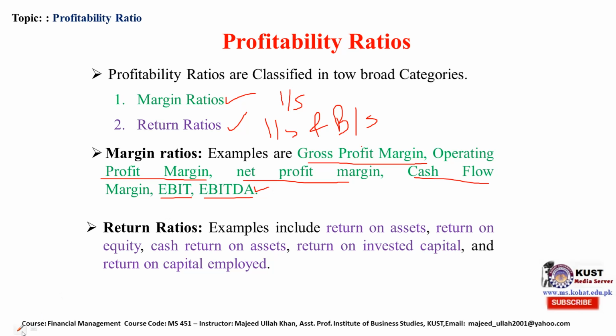Then, moving further, return ratios are the second category: return on assets, return on equity, cash return on assets, and return on invested capital, which is also called return on capital employed, the ROCE ratio.